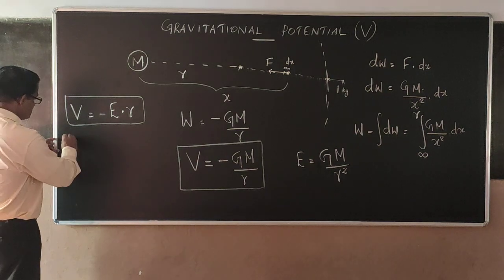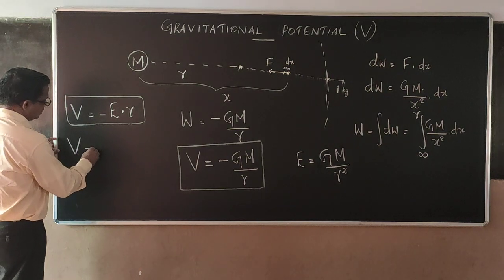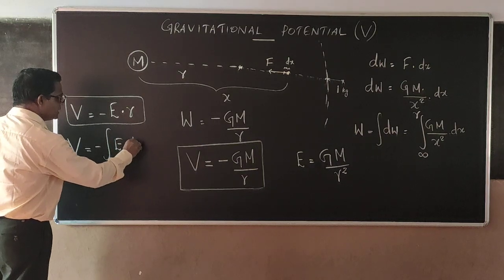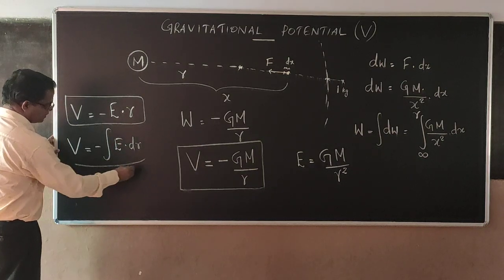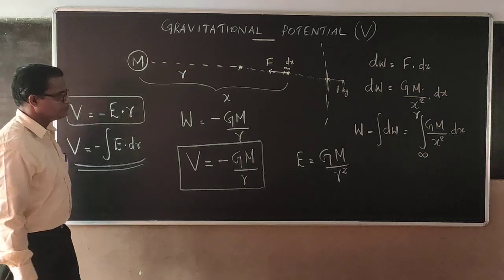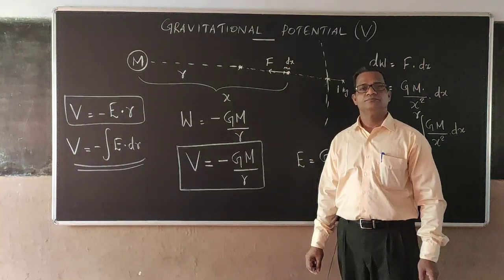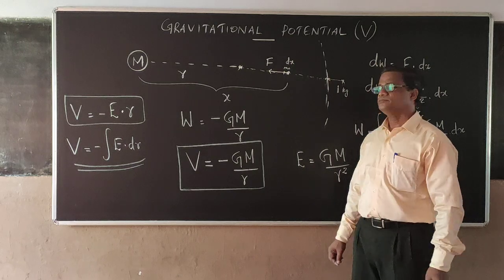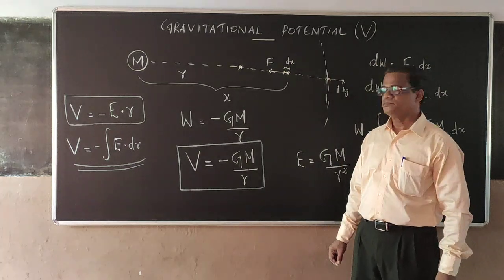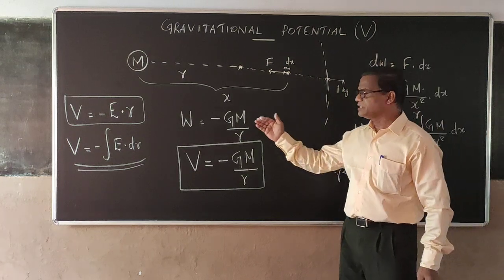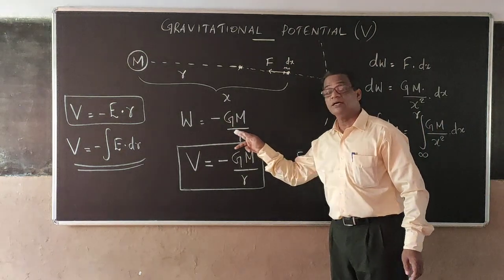But in the actual sense it must be V equals minus the integral of E dot dr. Okay, so that is how gravitational potential and gravitational field are related.